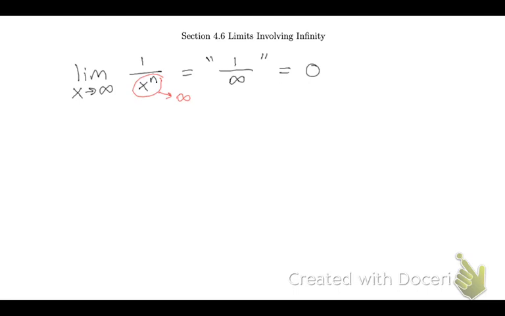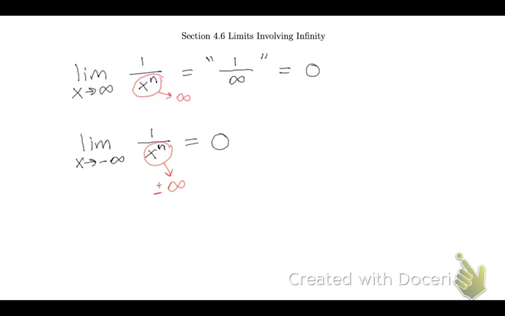All right, and the same thing happens as x goes to negative infinity. All right, because we know that x to the n in the bottom, okay, that's either going to infinity or negative infinity, depending upon if it's an odd or an even exponent. But it doesn't really matter. If something infinite is hanging out in the denominator, then that's going to be equal to 0.